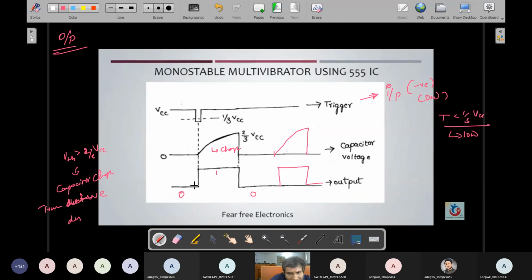Initially the output is zero because it is in the previous state only. When the capacitor is charging, the output is high; when the capacitor is discharging, the output is low. So it will be repeated. This is about the output configuration of the monostable multivibrator.